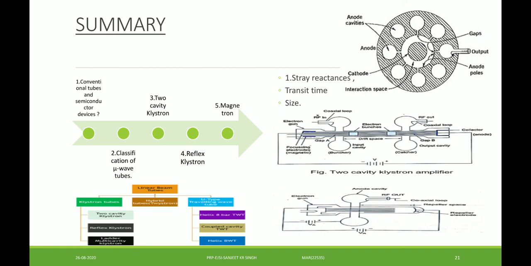But with a single cavity klystron resonant cavity, we have the reflex klystron, and it works as an oscillator or generator rather than an amplifier.